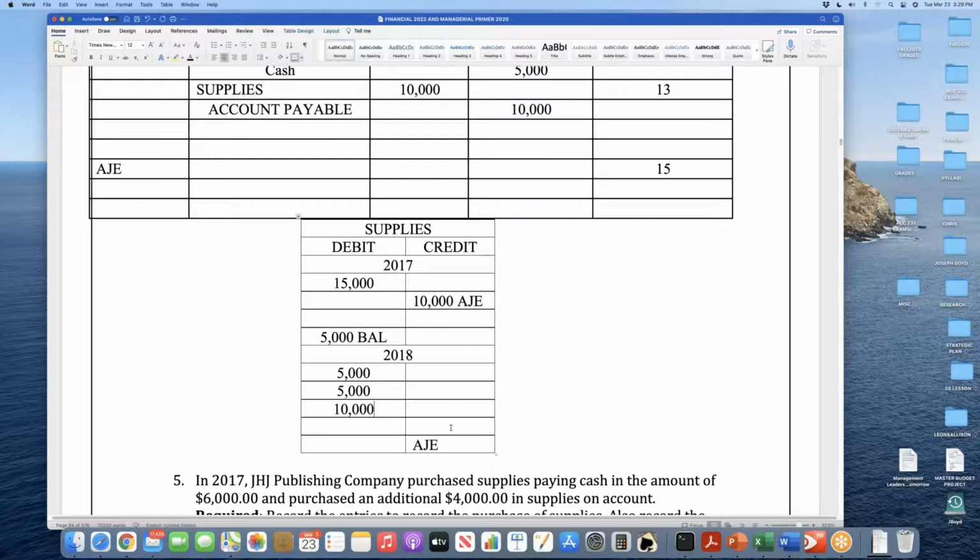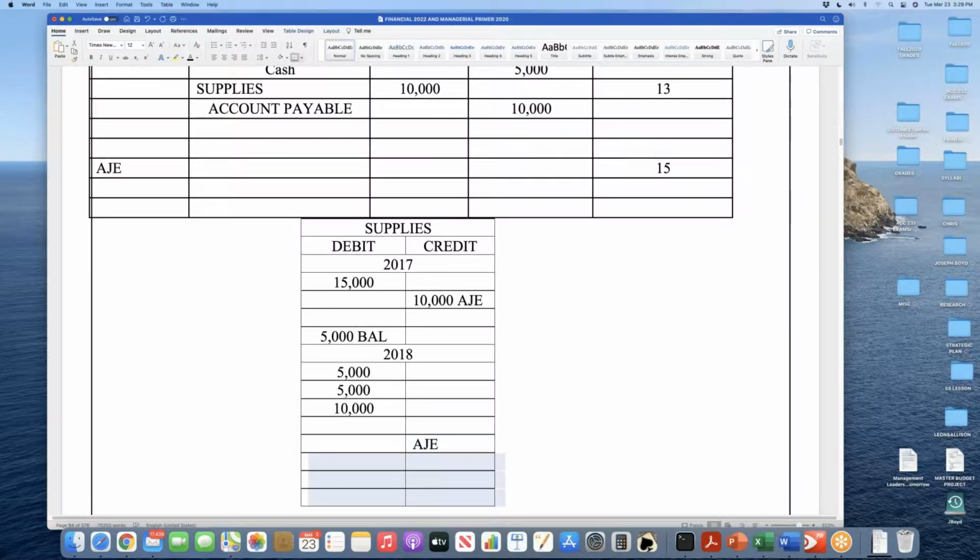So how much do we have in the account now? 20? So we add these up, you're saying this is 20,000.